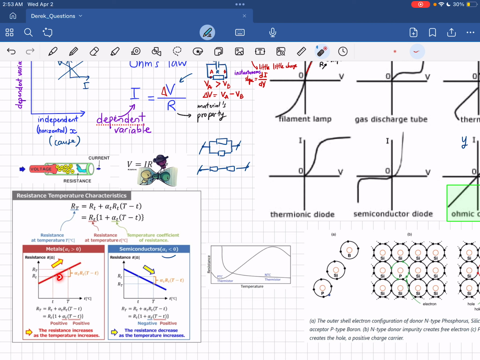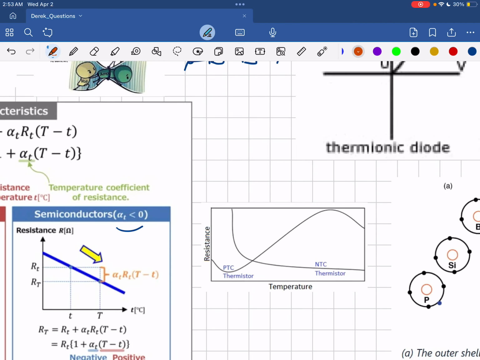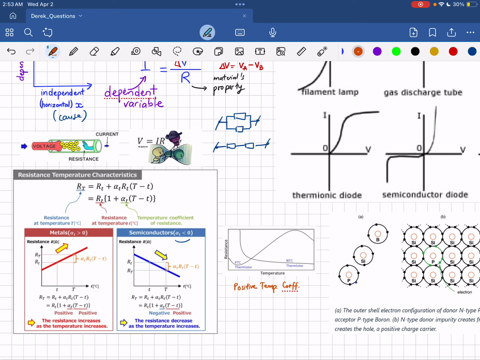That's why the slope here is a positive value, and that's why we call these materials positive temperature coefficient, or PTC. It will be designated as a thermistor. It means that it's a resistor that depends on temperature.